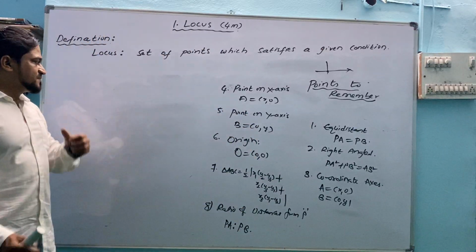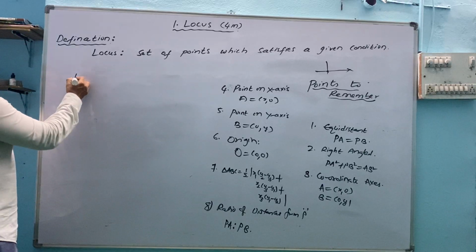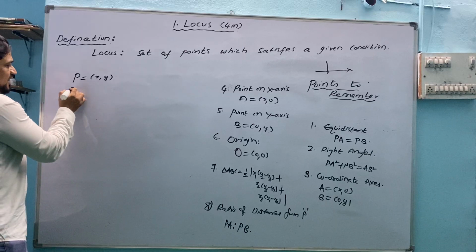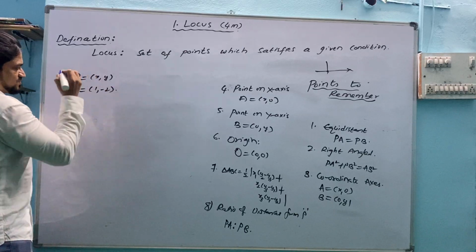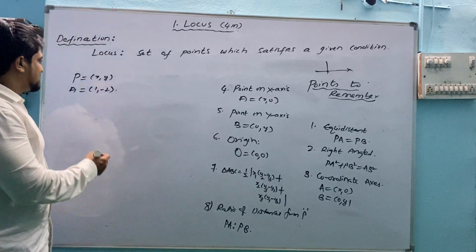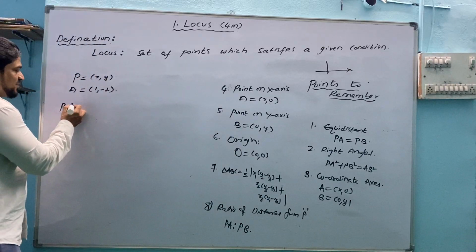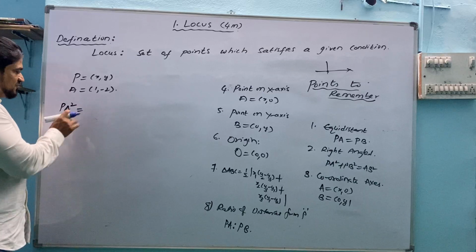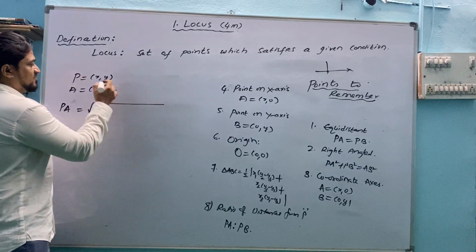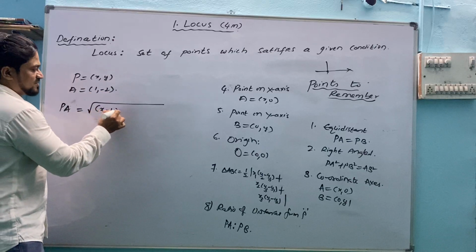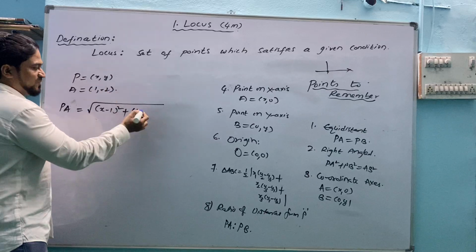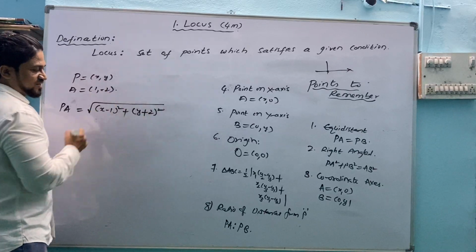Now if there is a point P, x comma y on a plane, and A is 1 comma minus 2, I am finding the distance, but I am taking square here. If I will not take square, distance is root over first minus first whole square plus second minus second, and if minus is there already, plus 2 whole square.